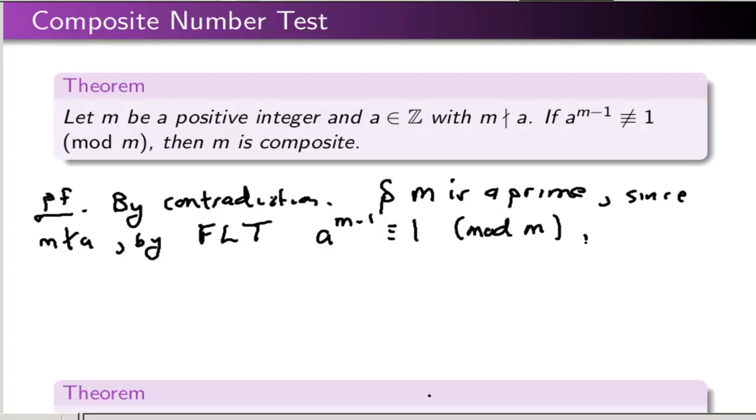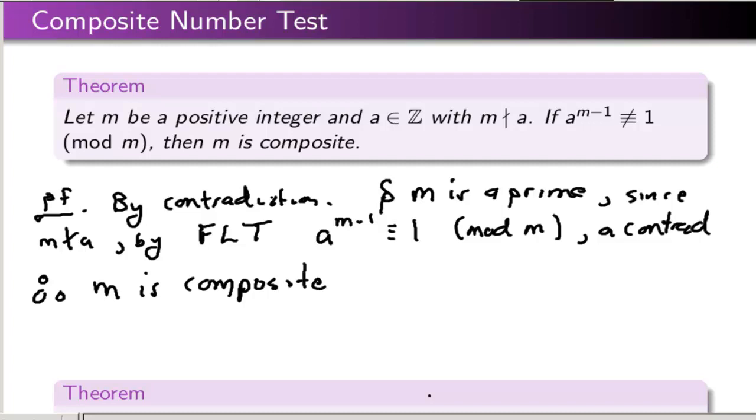A contradiction, contradicting our assumption that it's not congruent to 1. Therefore, m is not a prime, m is composite. Simple as that.